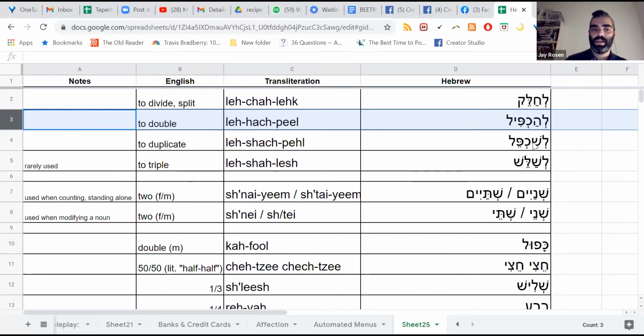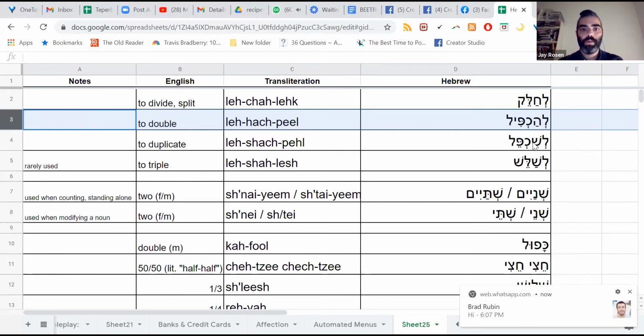So it theoretically is a four-letter root, but it's based on a three-letter root. And in this case, it's trying to make a new, more contemporary action based on something that's older. So lachpil has been around for some time in Hebrew, but lishachpel has not. Lishachpel is taking that same root that means double, but instead it means to duplicate, right? So instead of double, it's duplicate.